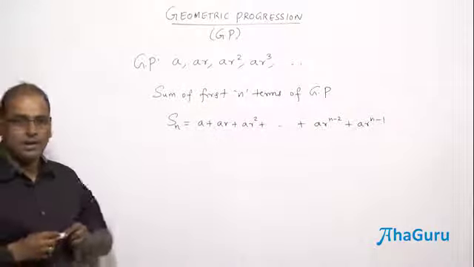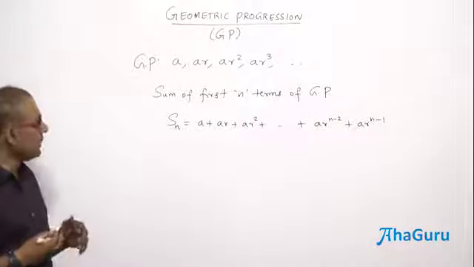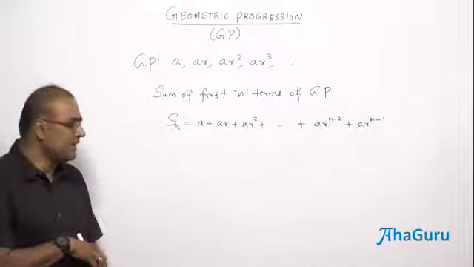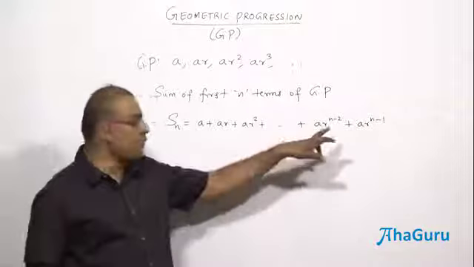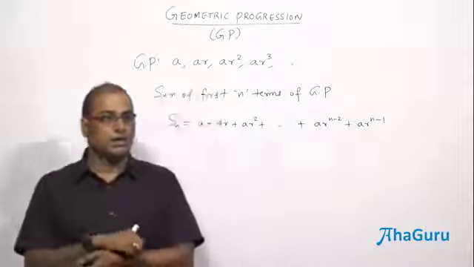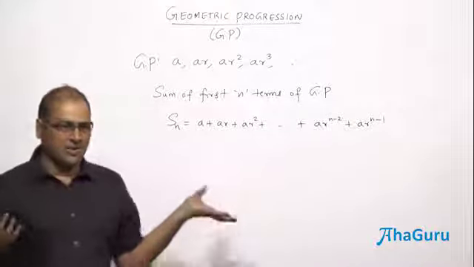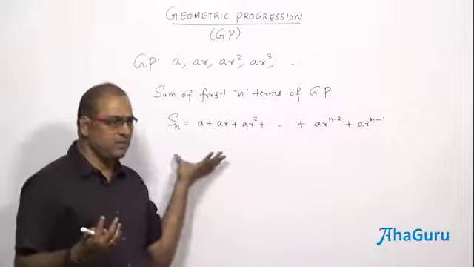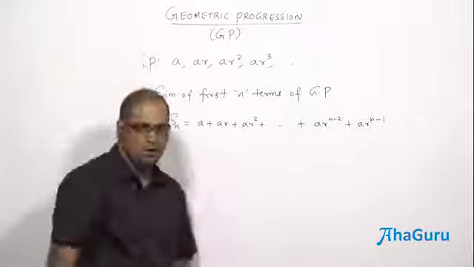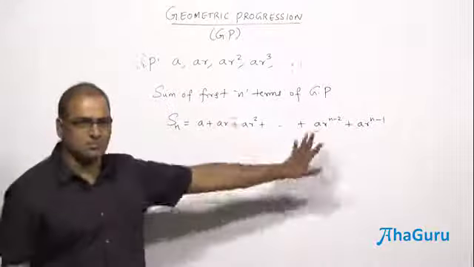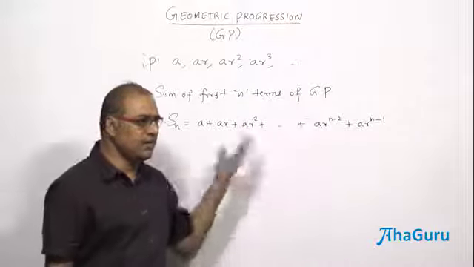So we want to add. Suppose you assume that there are some 40 terms, then A plus AR plus AR squared, so on up to AR power 39. So you need to add 40 terms. It's a big expression. So we can try to simplify instead of having such a long, lengthy thing. Of course, this is just the sum as it is, but you can try to reduce it.